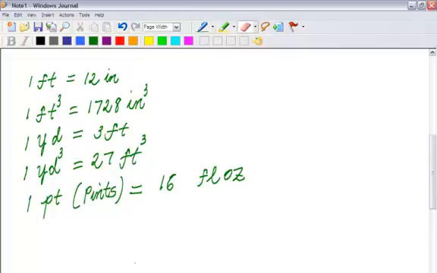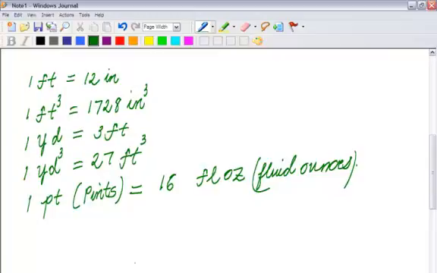So 16 fluid ounces is how we call it. Now, if you go to the grocery and look at a milk container, usually a lot of the smaller ones will give you how many ounces you have in there.